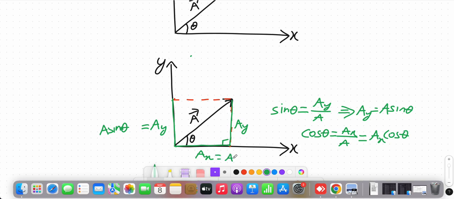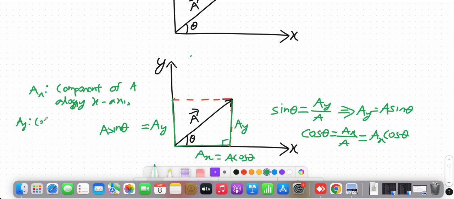Now what are these AX and AY? AX is called component of A along x axis, and AY is called component of A along y axis.